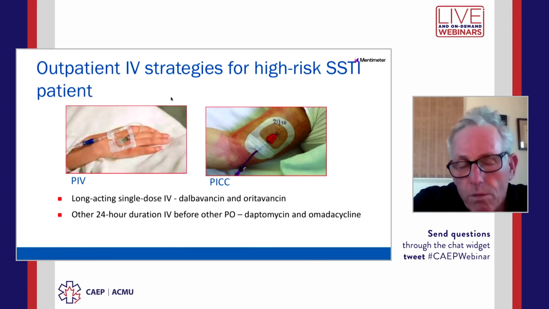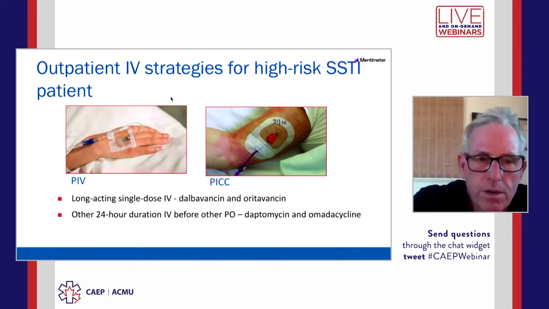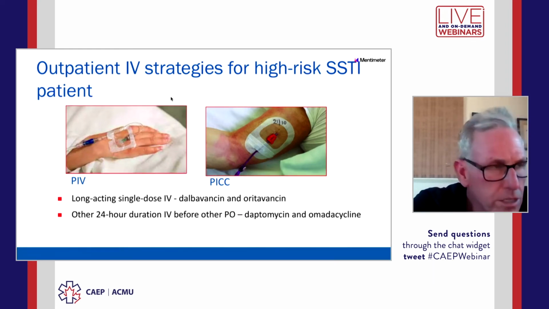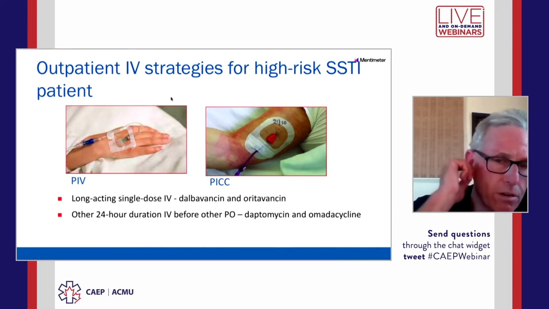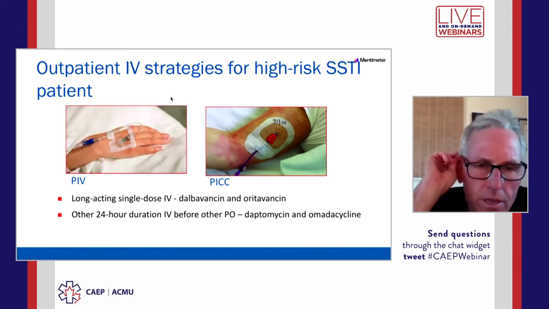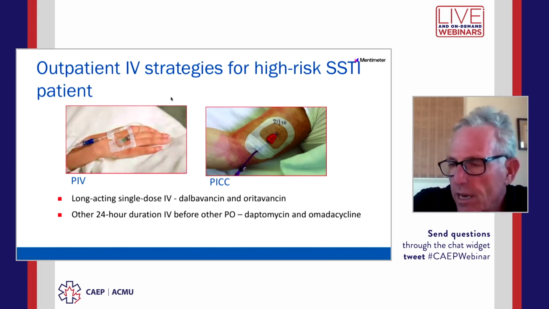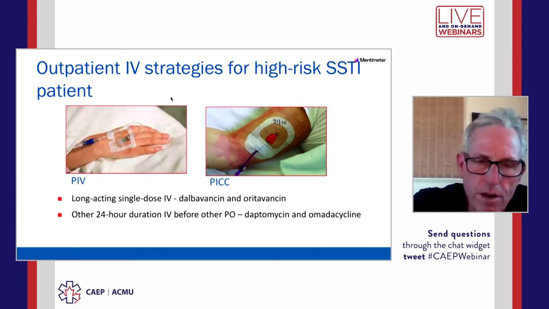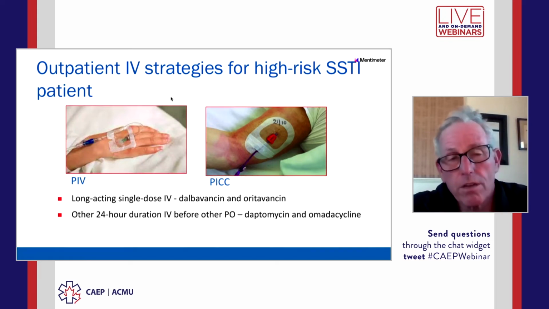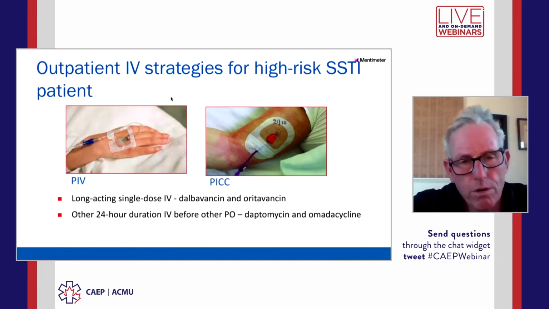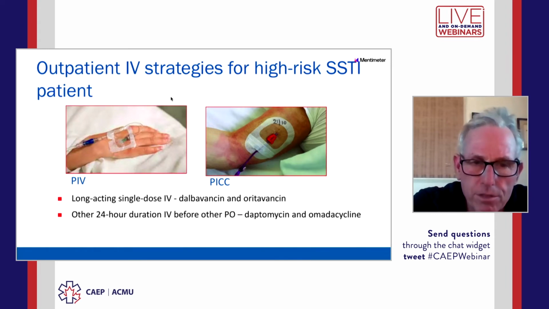So Dalbavancin is one way, but to be complete, there's another long-acting single-dose IV drug called Receding, and I don't know if you yet have that in Canada. That's another option. And there are some drugs that have a 24-hour half-life, kind of like we use ceftriaxone quite a bit for pneumonias and pyelonephritis, to start out treatment so that we ensure there are parenteral levels of antibiotic on board for a long time.